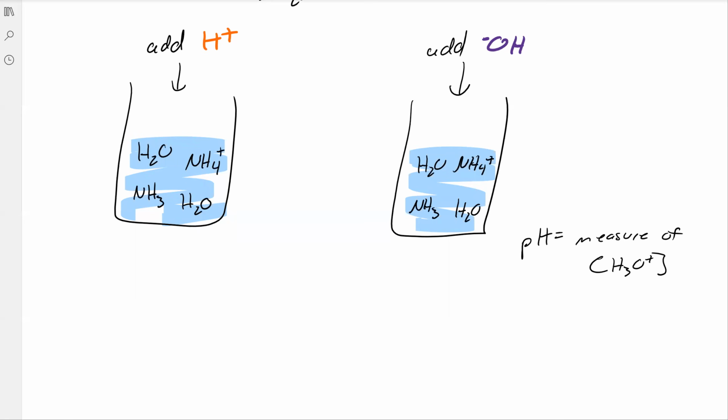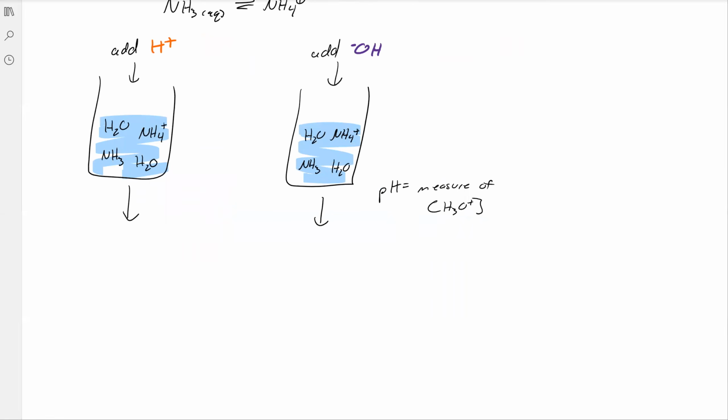They're the same thing. So what happens when we add the H plus and the OH minus? Let's take a look. Over here, when we add the H plus, that H plus is picked up by this NH3, which then becomes NH4 plus. And note that everything else is left untouched.